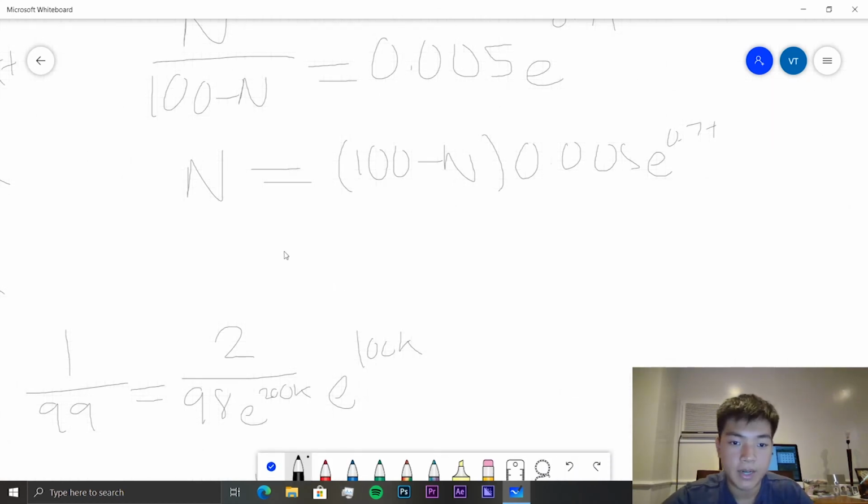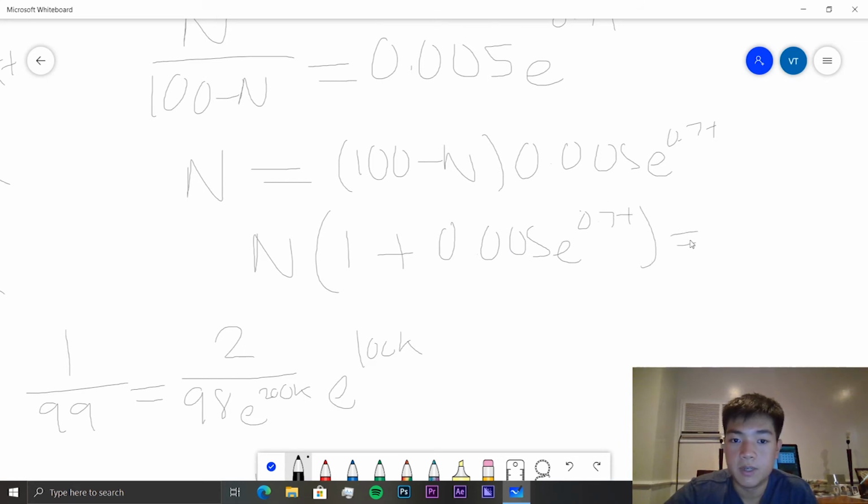So we know that n times 1 plus 0.005 e to the 0.7t is equal to 100 times 0.005 e to the 0.7t.